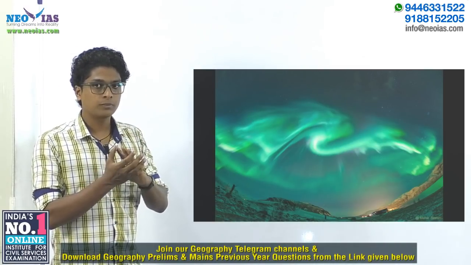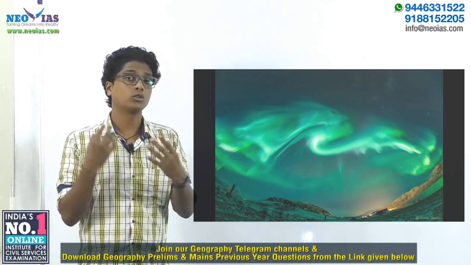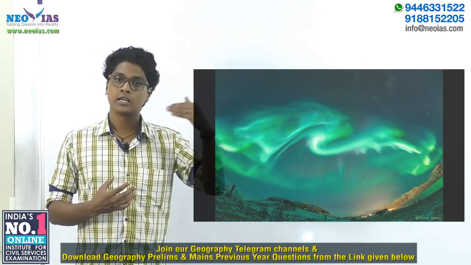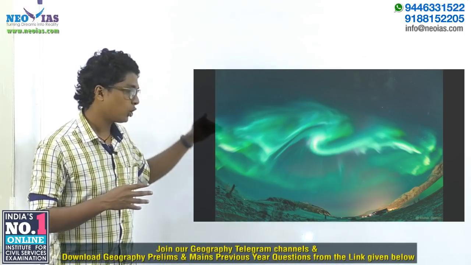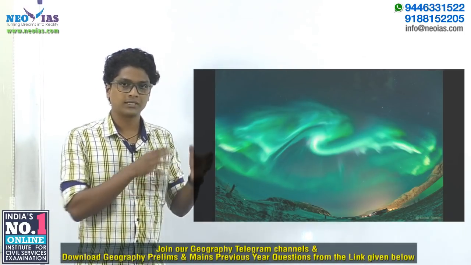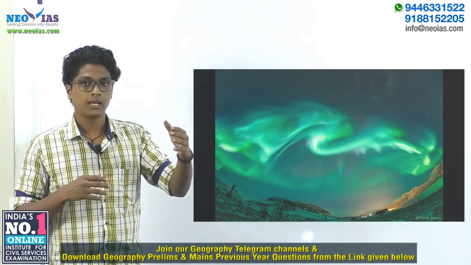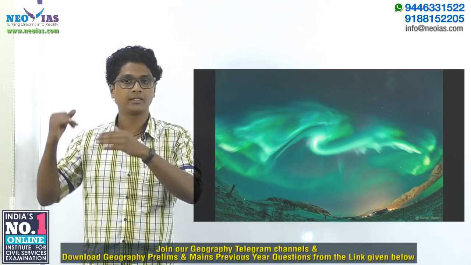So regarding ionosphere, it facilitates radio communication because of the high concentration of ions, and these ions reflect back the radio waves, and the ionosphere results in the optical phenomenon called aurora. It's easy to remember: aurora borealis is in the northern hemisphere, aurora australis in the southern hemisphere. You can relate it with Australia in the southern hemisphere.